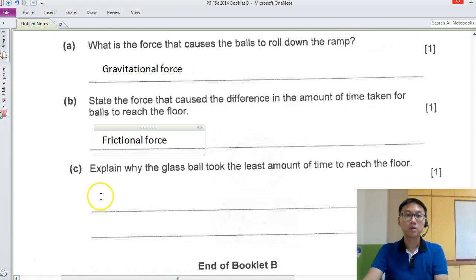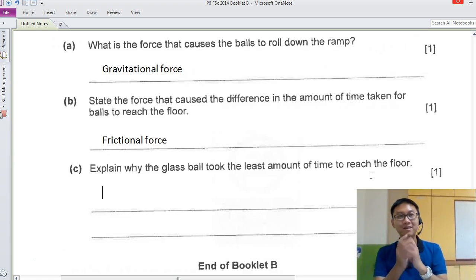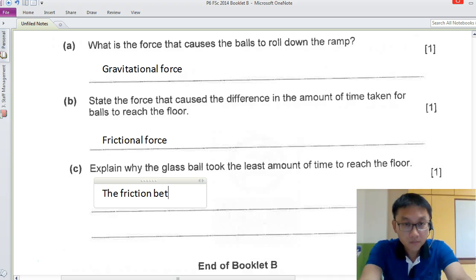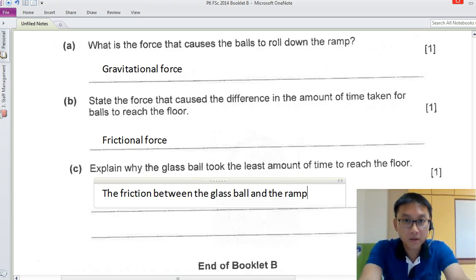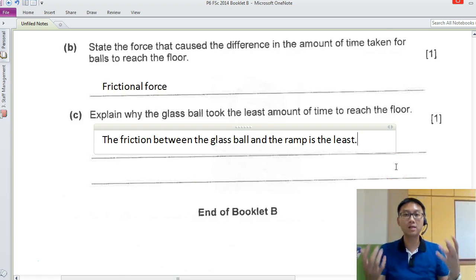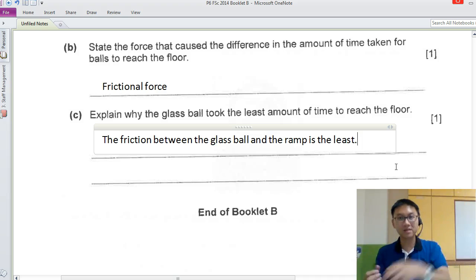Now you're supposed to explain why the glass ball took the least amount of time to reach the floor. Glass compared to rubber and the tennis ball, what does it feel like? It feels the smoothest. So the reason is that the friction between the glass ball and the ramp is the least. With the least friction, it takes the least time.